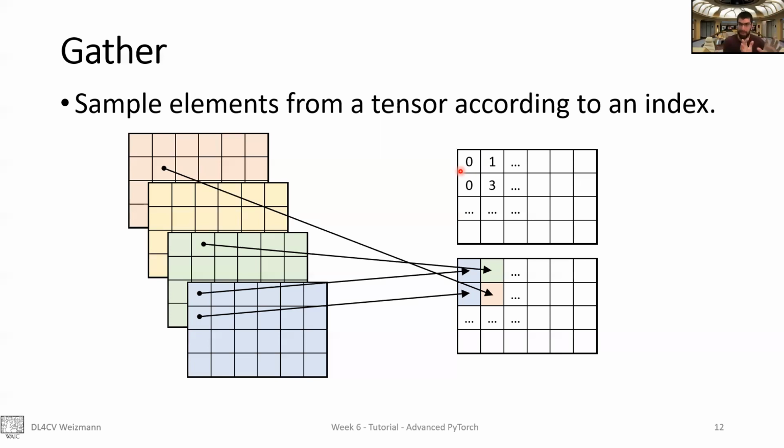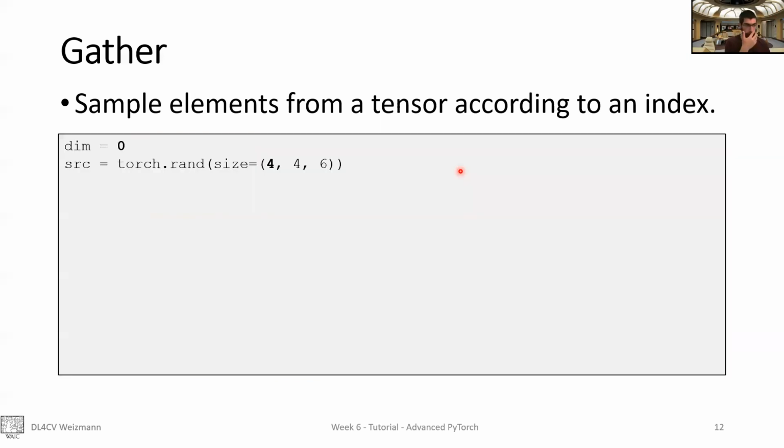So let's see how it's done programmatically. Any question about what gather does in general? The motivation? Okay, so let's begin with an example. Let's say we have a tensor with 4 channels. Did anyone have a question?